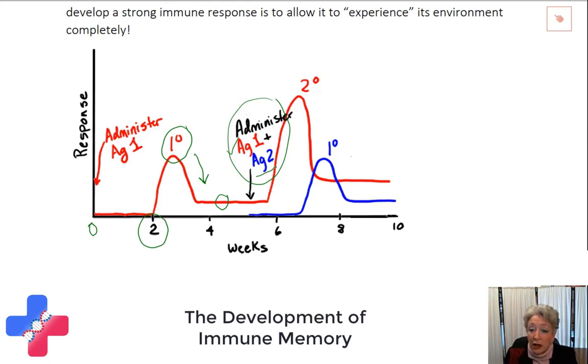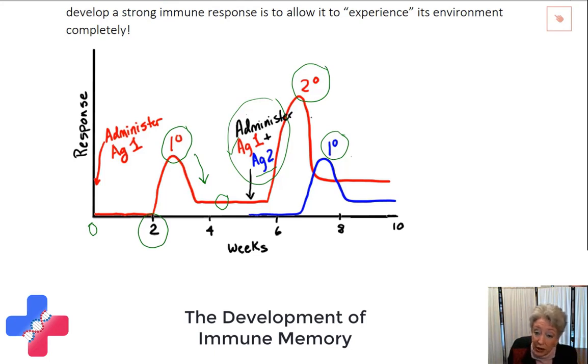Because each cell is making a response that depends upon the shape of its individual receptor, my primary immune response to the thing that I've never seen before is going to happen pretty much concurrently with a secondary immune response to what I'm seeing again.